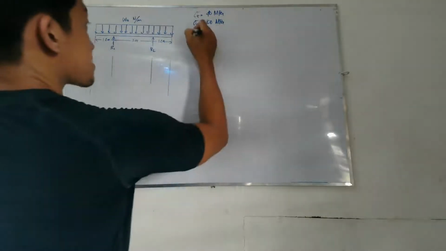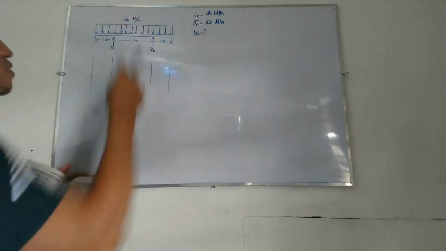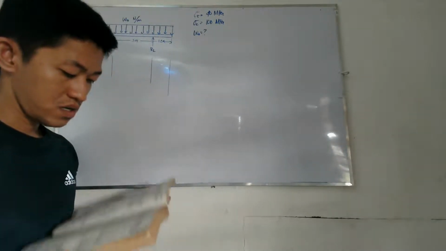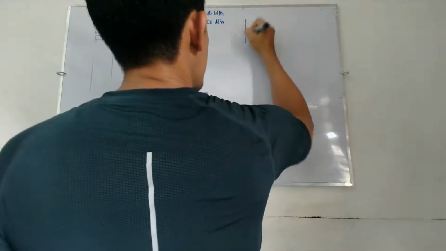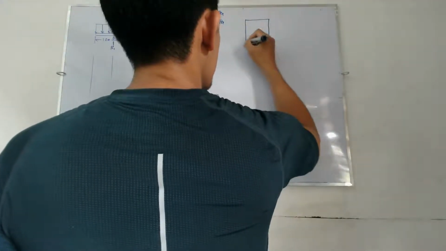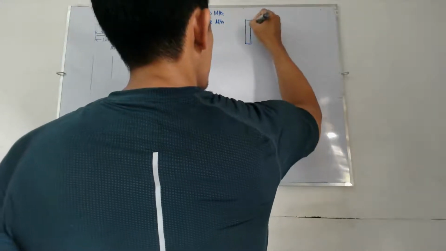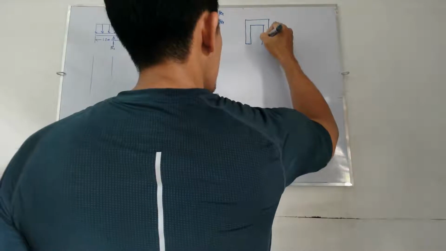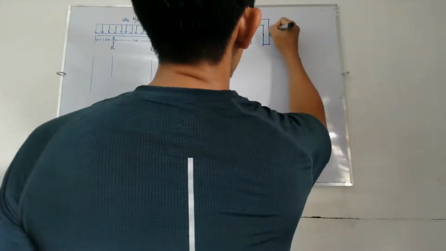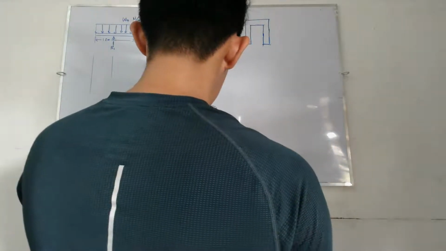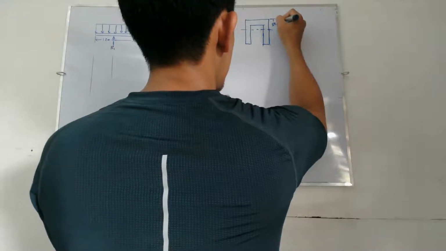So, actually, ang ipangita is kaning W sub O, this one, the uniformly distributed load. And then, ang cross-section niya is ani. Alright. Anyway, 80 mm.